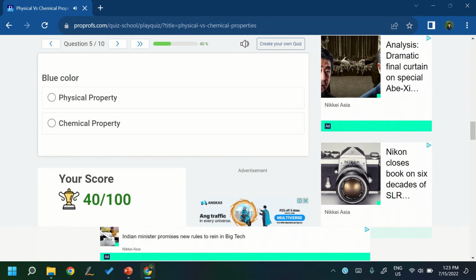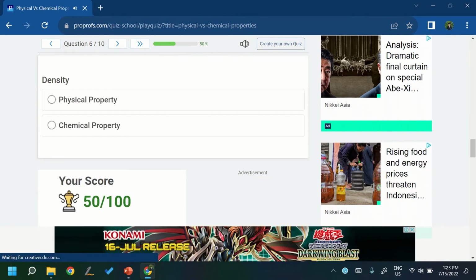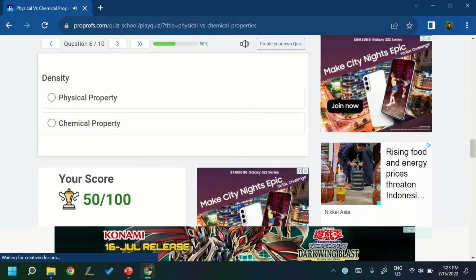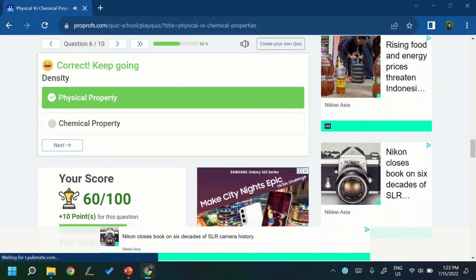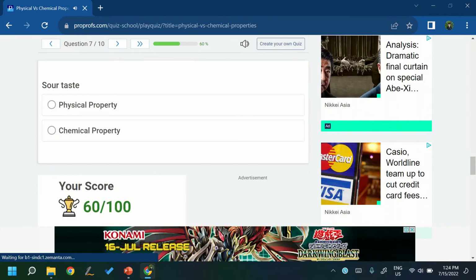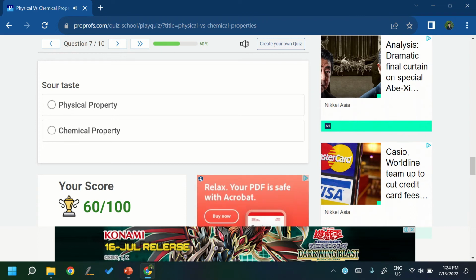The blue color, is this a physical or a chemical property? So this is under physical. Density, is physical or chemical? So density is under physical. To be more precise, density is under intrinsic property. Next, sour taste. So panlasa.